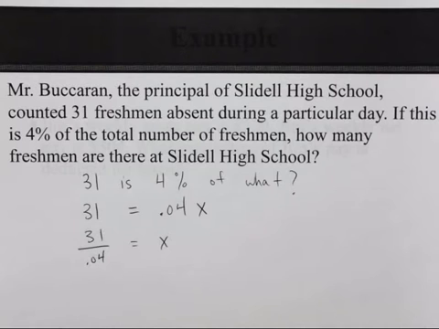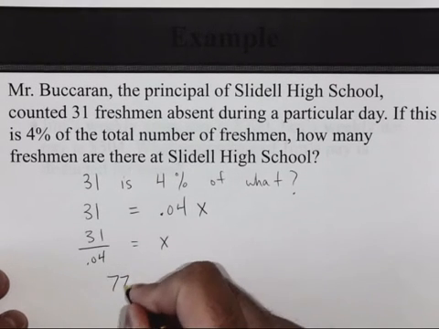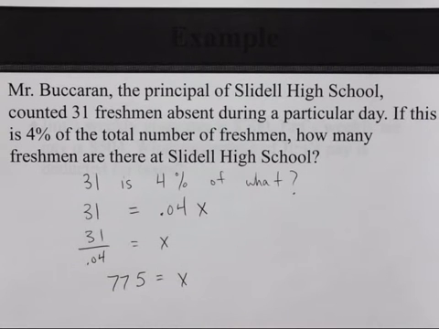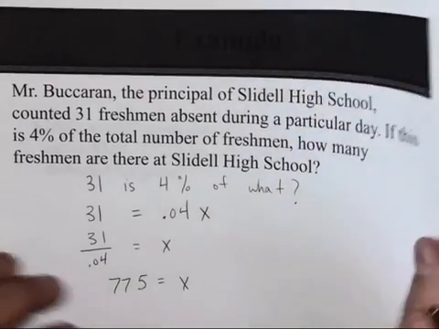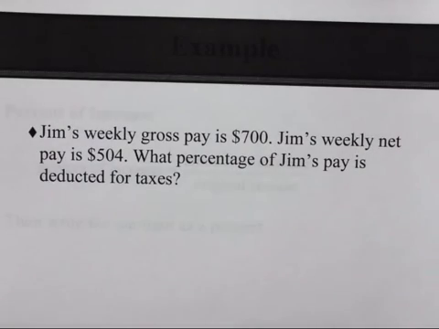And so 31 divided by 0.04, 775 equals x. And so that would make sense. Obviously, there should be a lot more for the total number of freshmen, a much larger number than the 4% that was absent. So always ask yourself, does my answer make sense? And so that does.